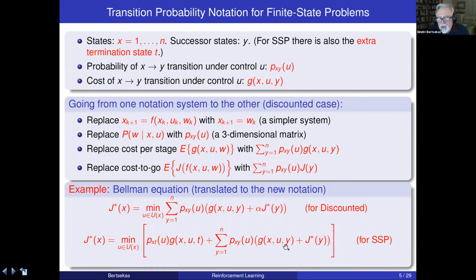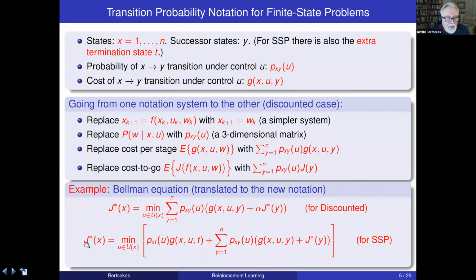And this is the conditional expected cost, conditioned on the fact that we don't go to the termination state. So this is overall the first stage cost. This is the optimal cost-to-go, and it's the usual minimization here. And it is again n equations with n unknowns, the J stars of the states.